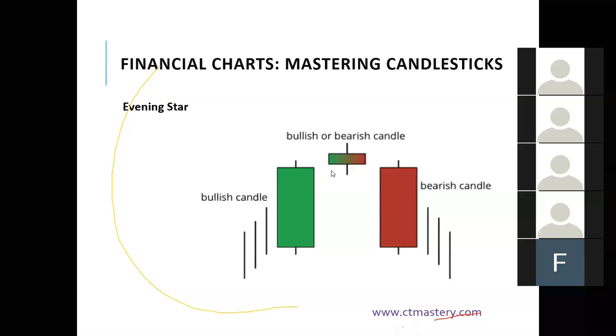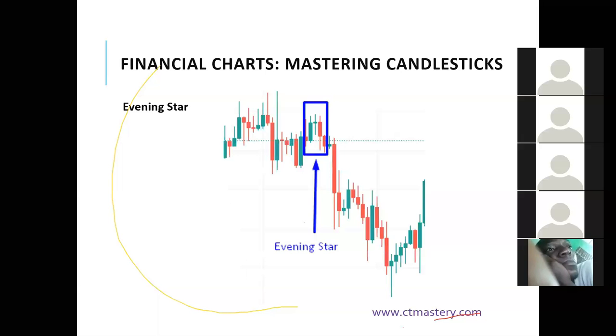So if this candlestick pattern occurs at the top of an uptrend or a key resistance area, we should expect this market to change course and start falling. So this is the evening star. This is a chart, and this area is actually a key resistance area.